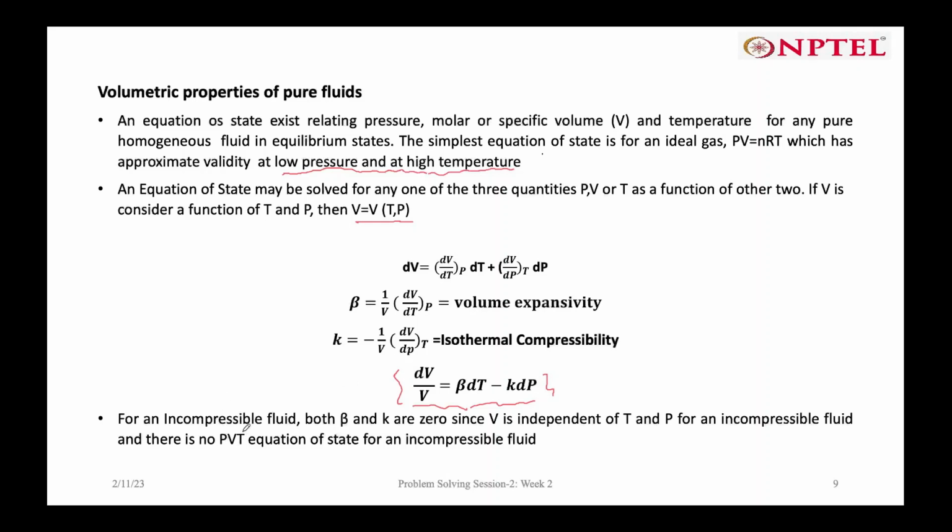And for an incompressible fluid the density is constant, so both beta and kappa are 0, since V is independent of temperature and pressure. So there is no PVT equation of state for an incompressible fluid. The PVT equation of state is valid for compressible fluids.